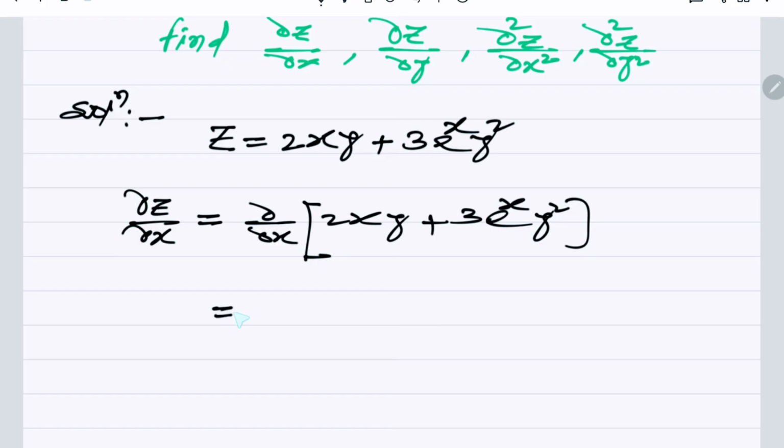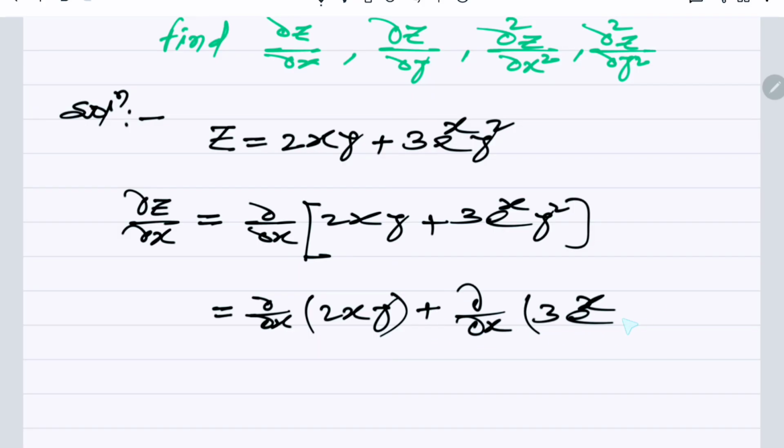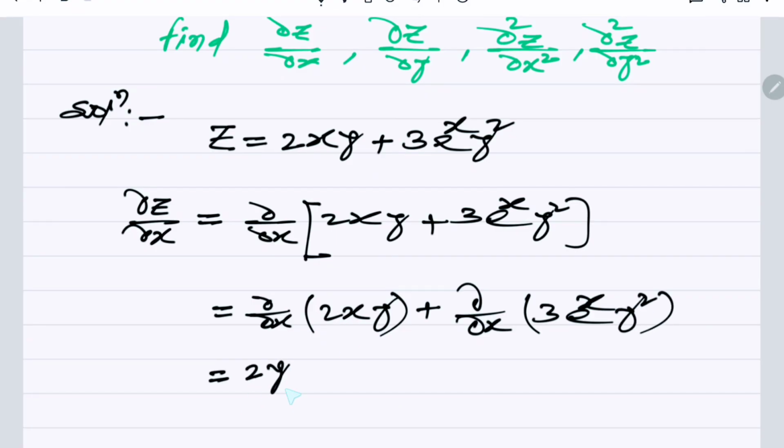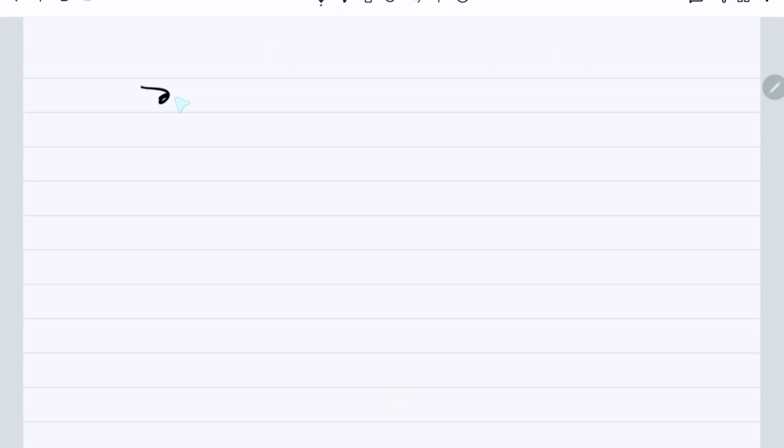Therefore, it is dou by dou x of first term 2xy and dou by dou x of second term, means differentiating individually first and second term. Then applying that rule, constant term we take outside, therefore 2y constant outside, and derivative of x with respect to x is 1. In second term, 3 and y square are constant terms outside, and derivative of e raised to x with respect to x is e raised to x.